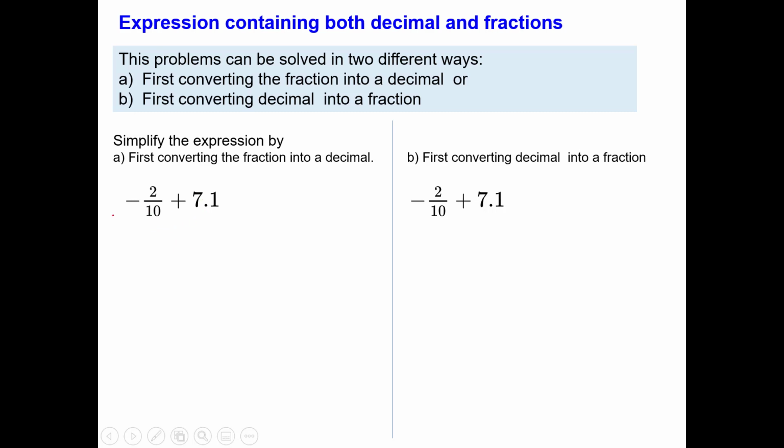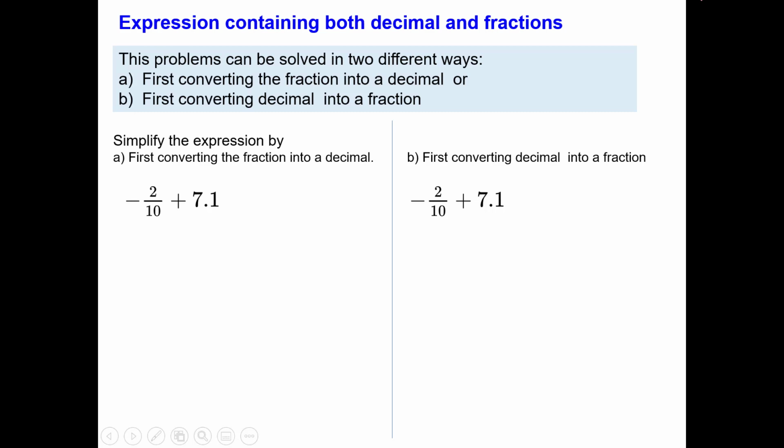The other way is to first convert the decimal into fraction. You need to know both ways, because the test may ask either way, or probably both. Let's first convert the fraction into decimal, and then simplify the expression.